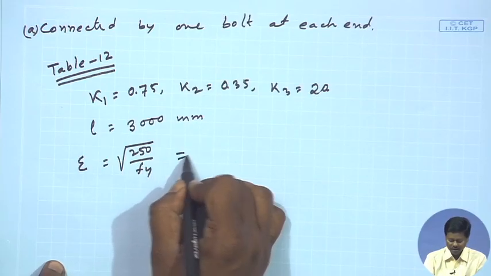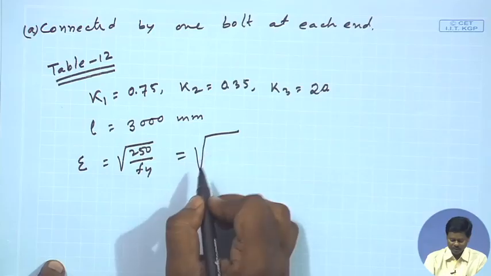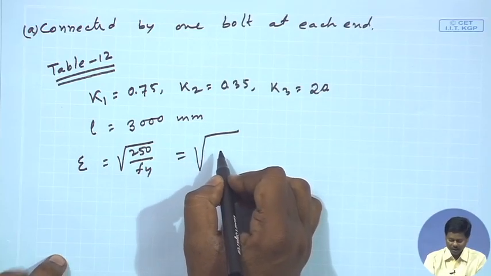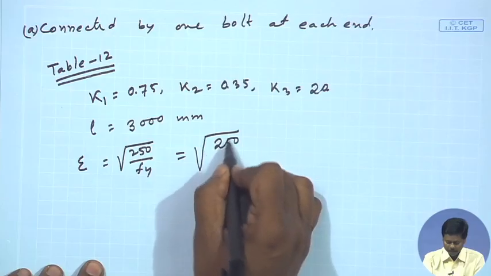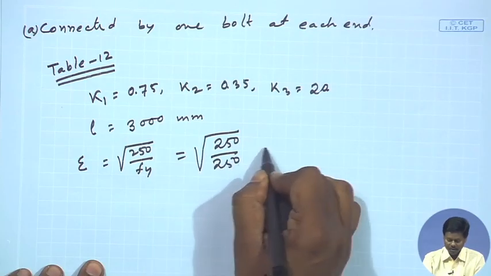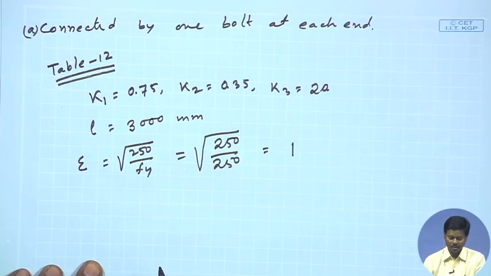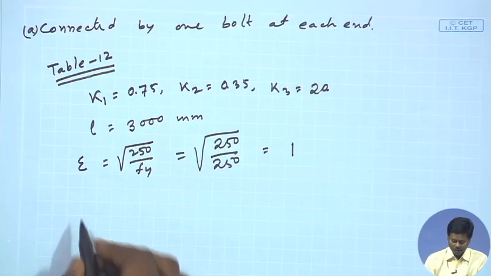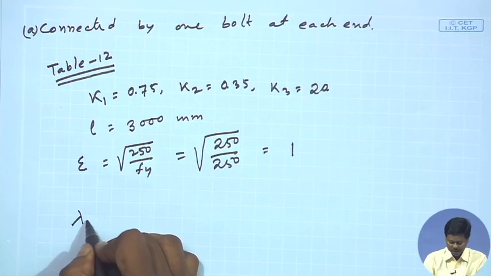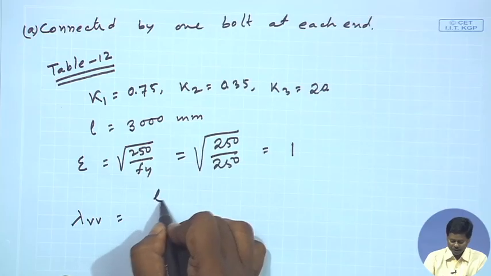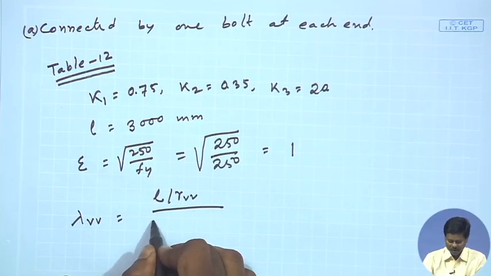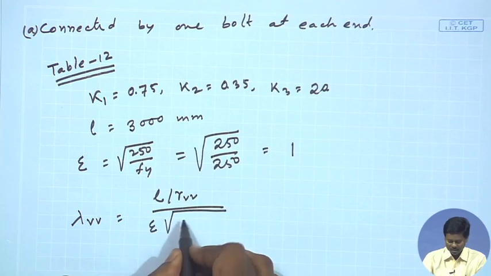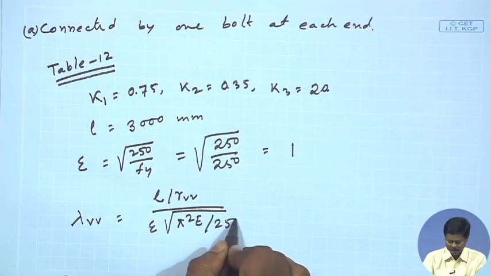In this case we are using steel grade where yield stress is 250, so 250 by 250 is equal to 1, right. Now, I can find out the value of lambda Vv, which is expressed as L by R Vv by epsilon into square root of pi square E by 250.